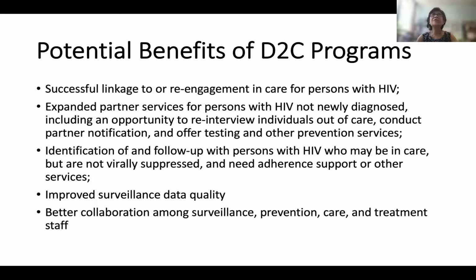It can also be used to improve surveillance data quality, because when people find people who are out of care, for example, they can let the health department know, hey, by the way, can you update your information? But I think an important component of data to care programs is you get people from surveillance, prevention, care, and treatment staff. You actually get them talking to one another as opposed to being siloed. And that is a very important aspect of these types of programs.